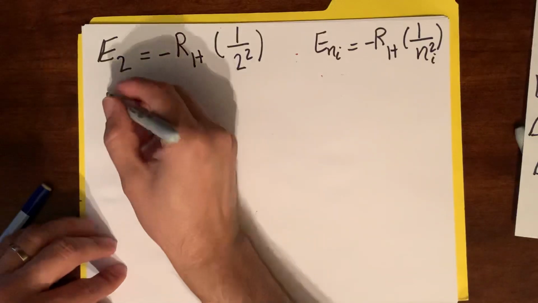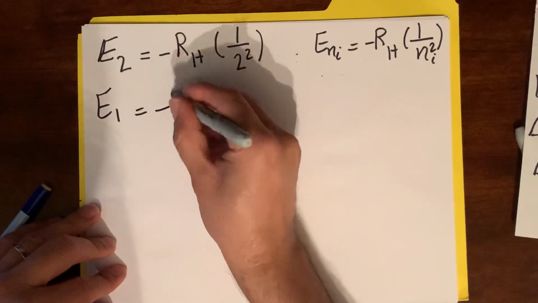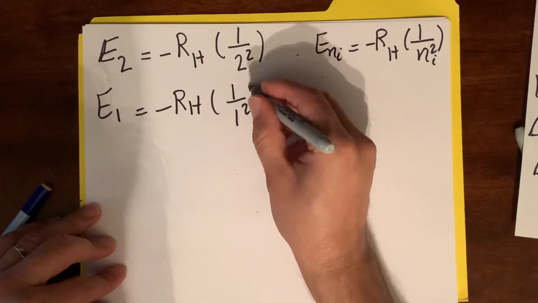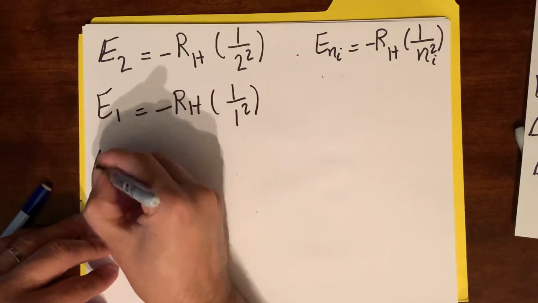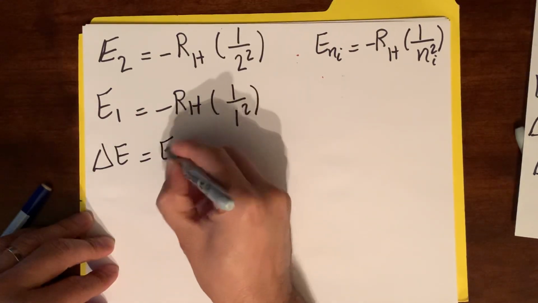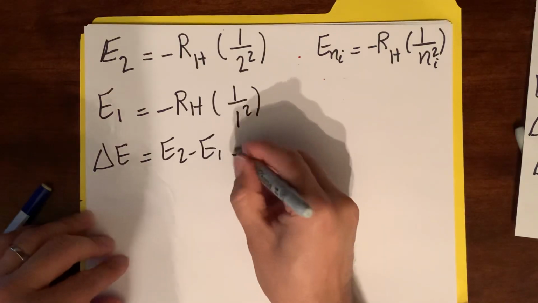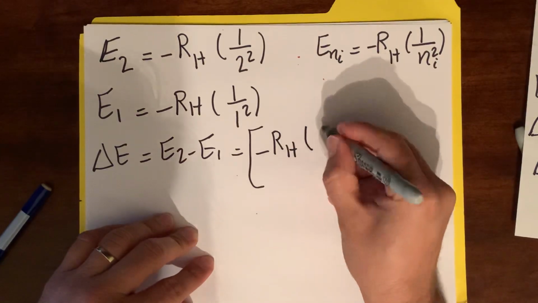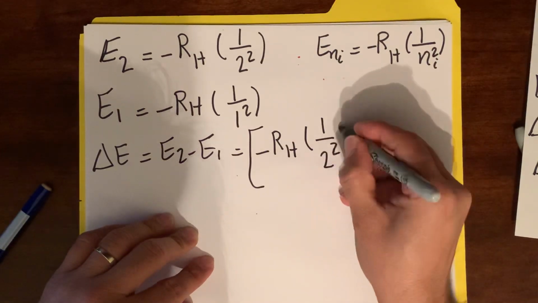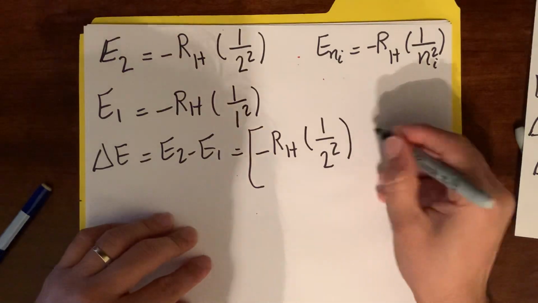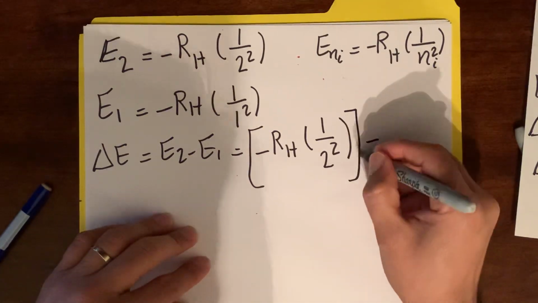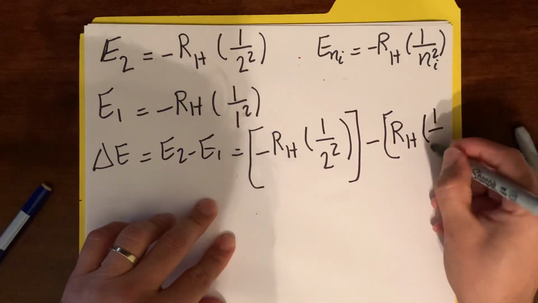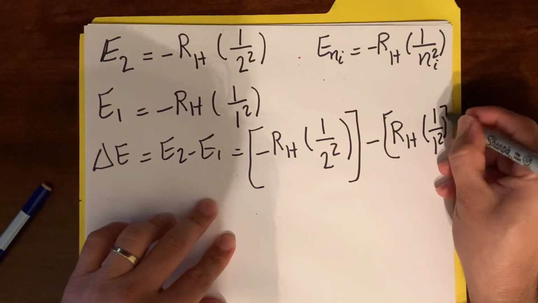And energy for the first level is going to be minus RH times 1 divided by 1 to the second. Let's subtract them. Delta E is going to be E2 minus E1. E2 is minus RH multiplied by 1 divided by 2 to the second. Next one, minus minus RH times 1 divided by 1 to the second, and I close it.